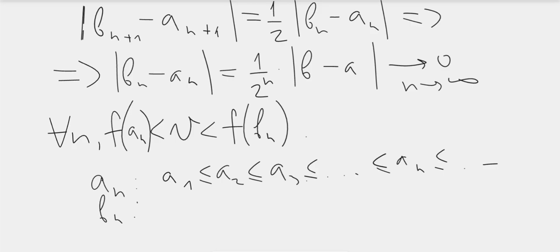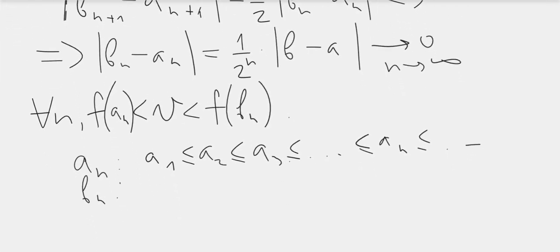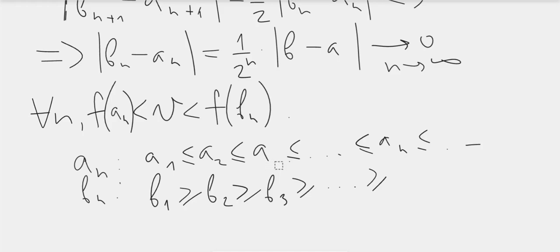This is simply another way of writing this chain of inclusion of the intervals. The same for bn: b1 is greater or equal than b2, greater or equal than b3, greater or equal than bn, and so on.